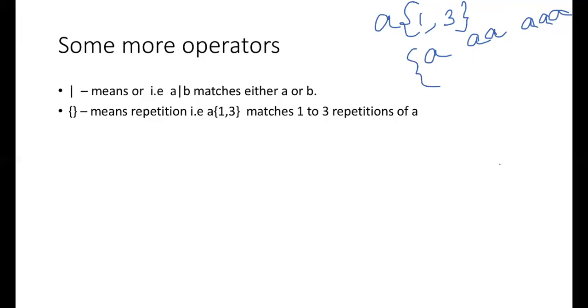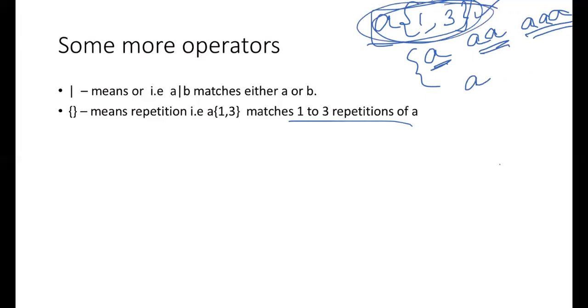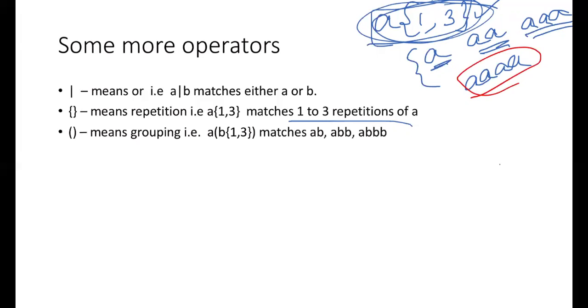So this is the entire thing represented by this regular expression: repetition that matches 1 to 3 repetitions of A. So if I get the string A, it will match. If I get the string AA, it will match. If I get AAA, it will match. But if I get AAAA, 4 times A, this will not be a match. So that is the curly braces.